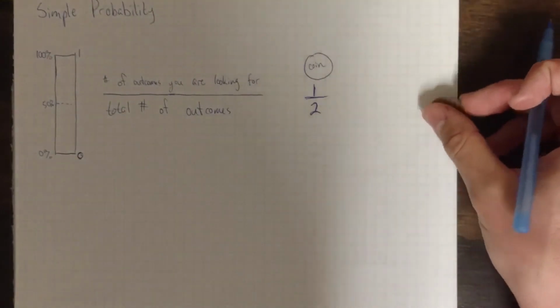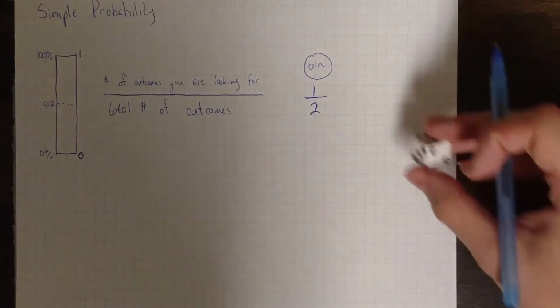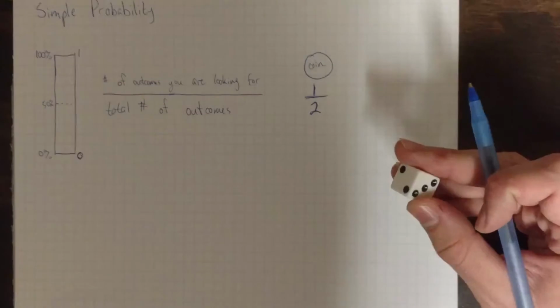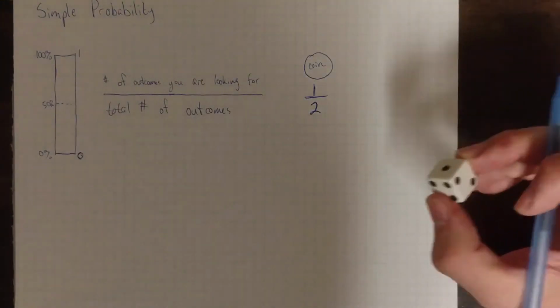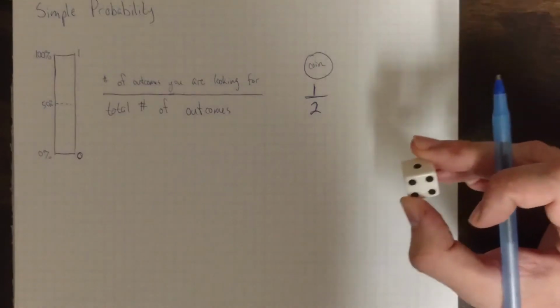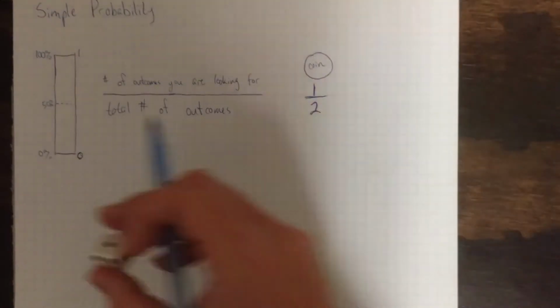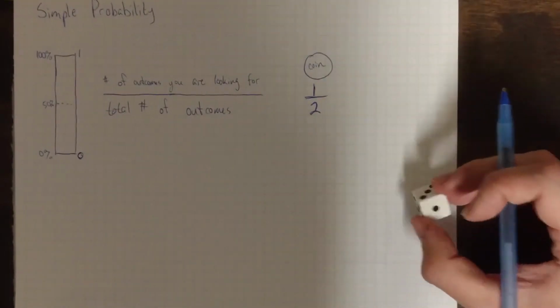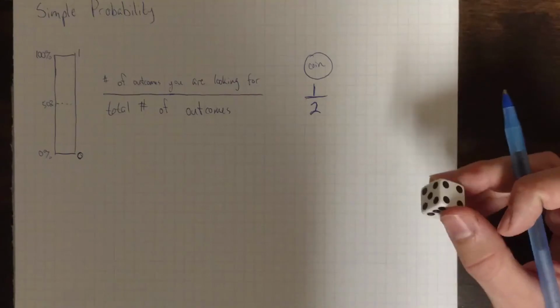Now moving on to things that have more than just 2 outcomes, we can take a look at dice if you've played Yahtzee or Monopoly, and right now we're just going to take a look at rolling one die. We'll get into more complex and compound probabilities down the road, but for now we want to stick to simple probability. So think about how many sides are on this dice. Well, there are 6 sides.